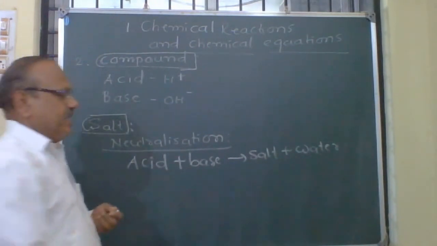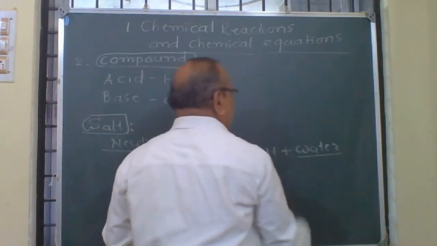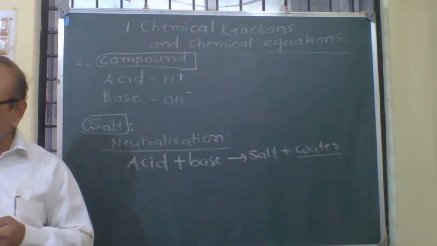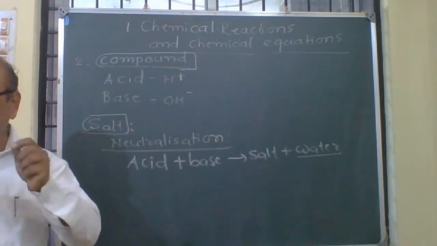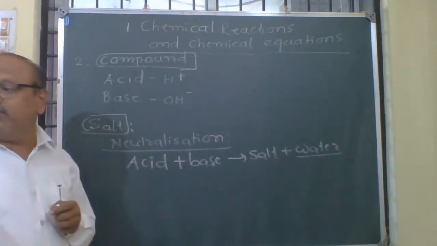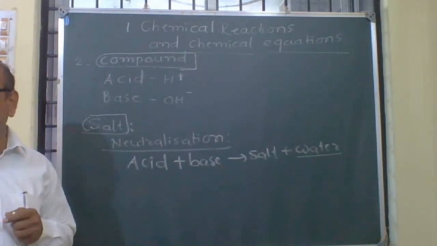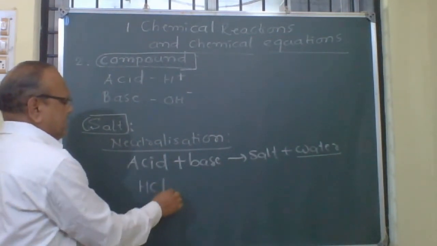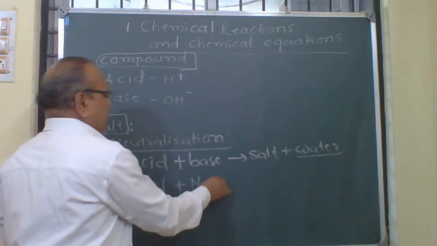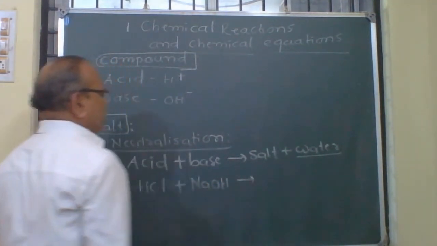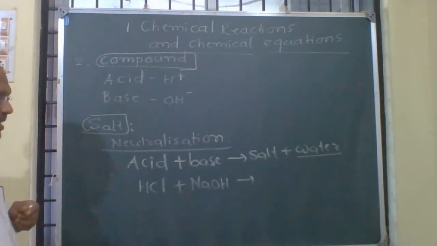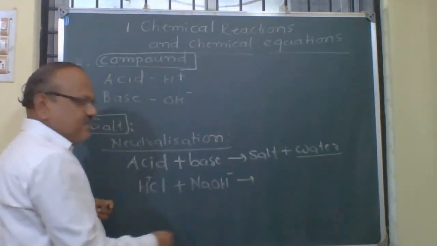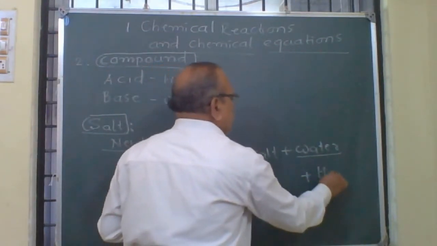In any neutralization reaction, sometimes heat is absorbed, sometimes heat is liberated. That is a different thing. But the common products formed in any neutralization reaction are salt and water. For example, HCl is an acid and NaOH is a base. During the formation of the salt, the H plus ion of the acid and the OH minus ion of the base react forming H2O.